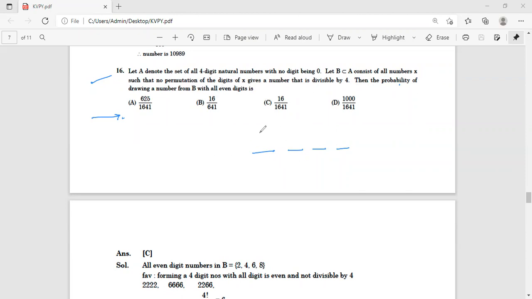Means suppose you have number here 1, 2, let us say 32. So this number is divisible by 4, because what is the divisibility of 4? Last 2 digits are divisible by 4.